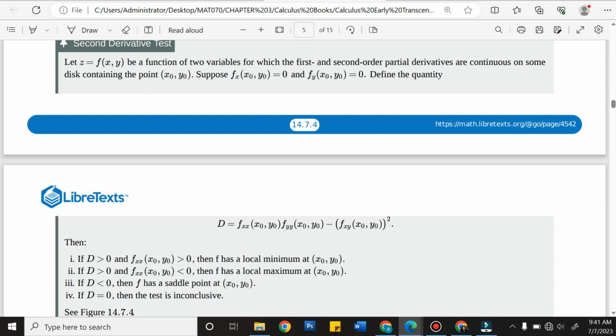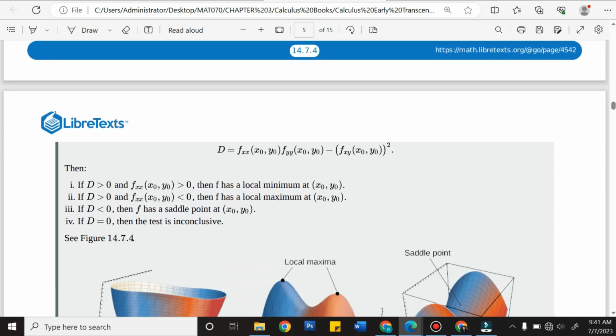Then we have D, the second derivative of f with respect to x times the second derivative of f with respect to y, minus f of xy at (0,0) raised to 2. Okay, so this is D.